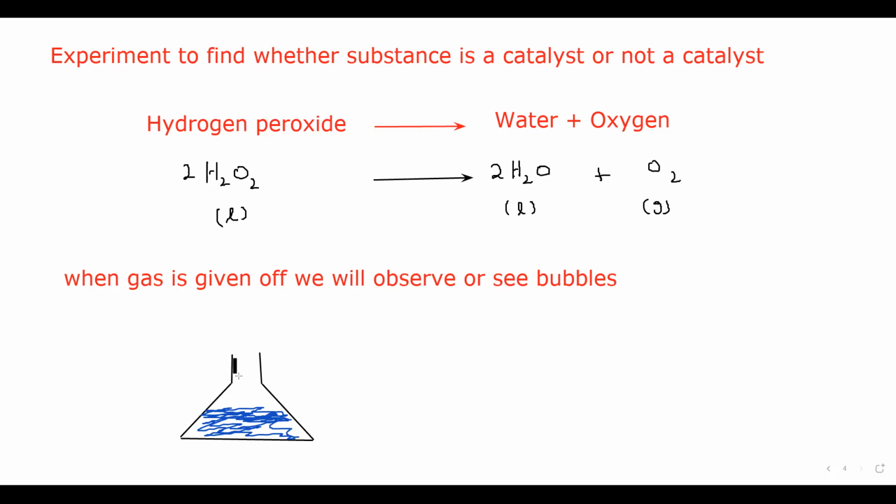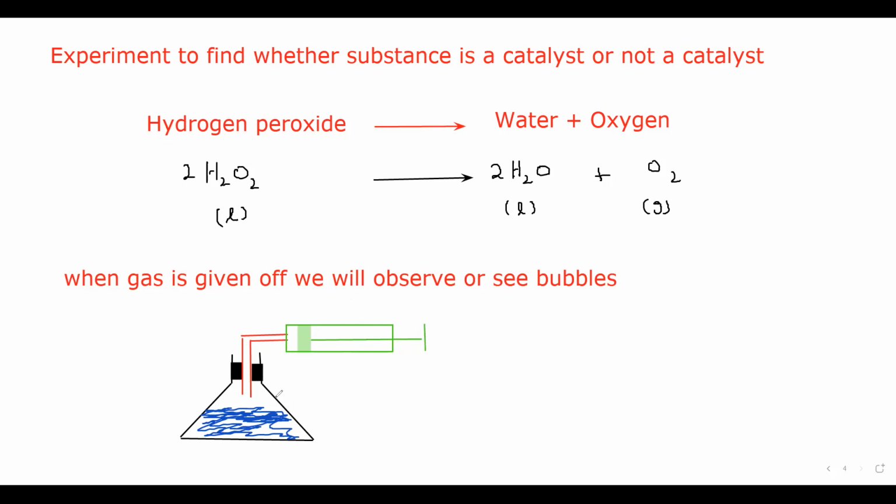So we can connect a gas syringe here. A gas syringe is used to measure the volume of the gas. So at this point, a gas syringe is connected.